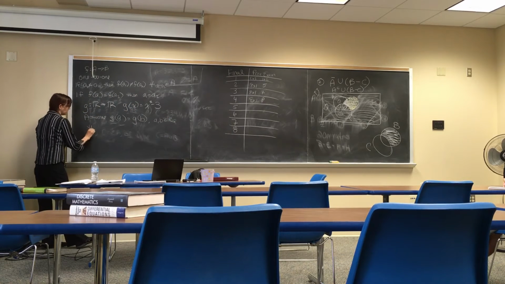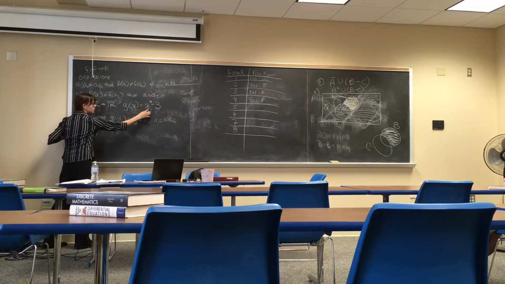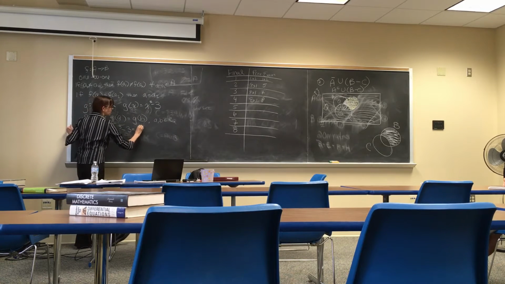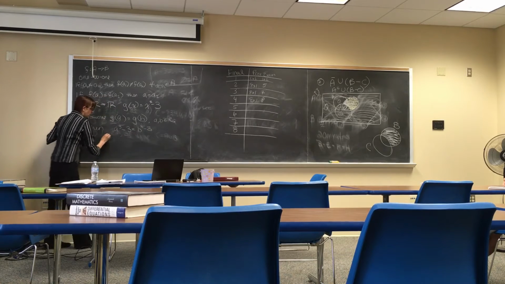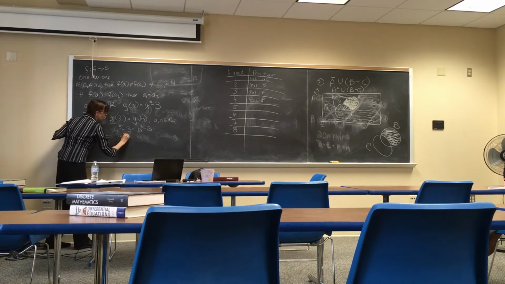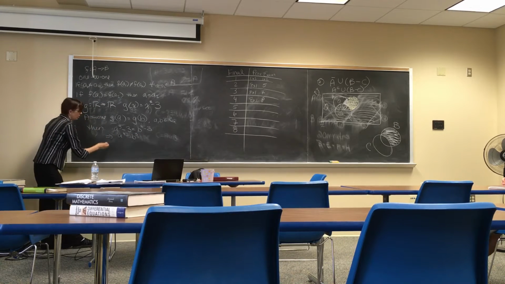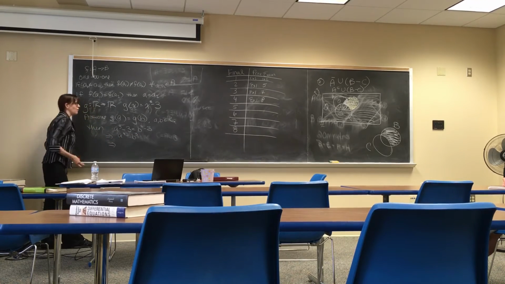Well then, what does that mean? It means a cubed minus 3 is equal to b cubed minus 3, which implies that a cubed equals b cubed. And I always just think to myself, let's solve for a. If you solved this for a, what would you get?